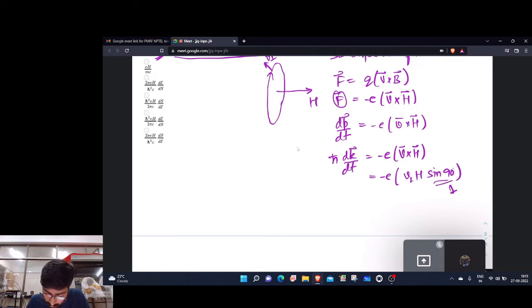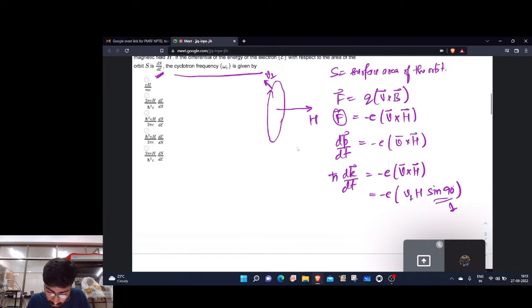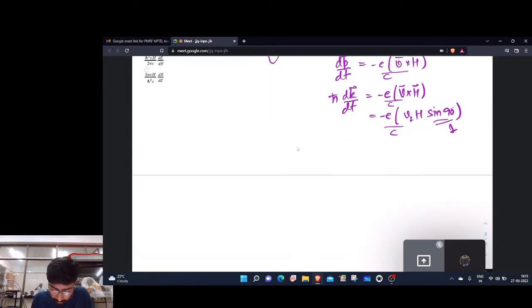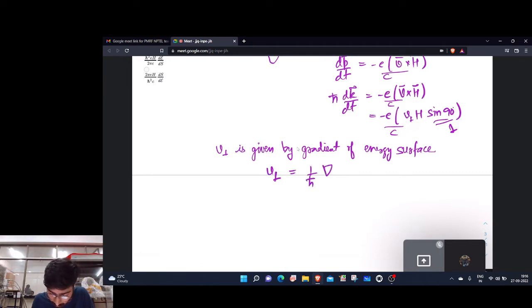Sine 90 becomes 1, and I think I just missed a term c. So now V perpendicular itself, the velocity of the electrons, is given by the gradient of the energy surface. So V perpendicular is nothing but the gradient of energy.